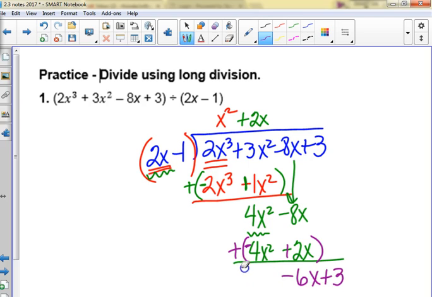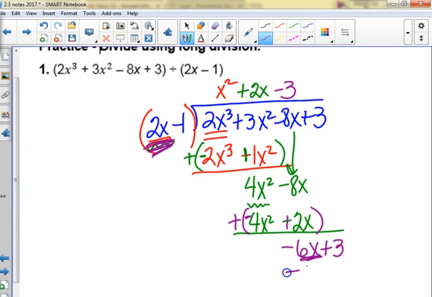What do I need to multiply 2x by one more time to make it exactly -6x? And I get -6x plus 3, right? -3 times -1, which is exactly what we had. So if I subtract or add the opposite, I get a remainder of 0.